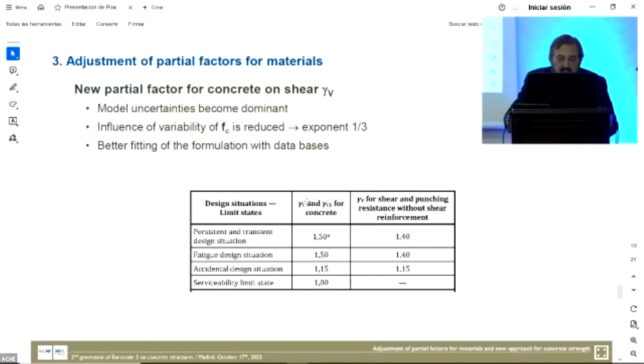This value is less than 1.5. For example, a typical case is 1.40, and then the fitting with the formulation, as I said, is better than the other one.